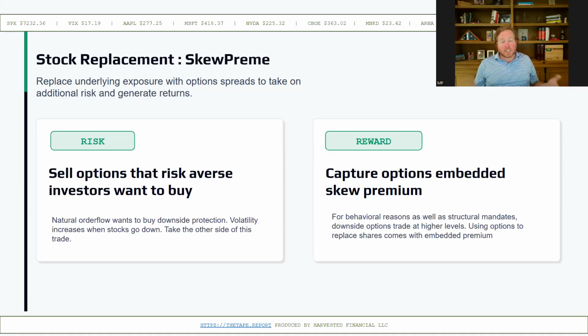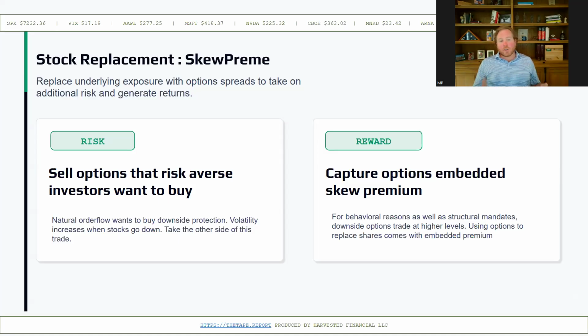Volatility does tend higher as we go down. We've noticed this naturally if you're an investor in the markets, that things get a lot choppier as we're trending downwards. So taking that extra risk to the downside is rewarded by that extra credit that we get to put on that short put long call trade.